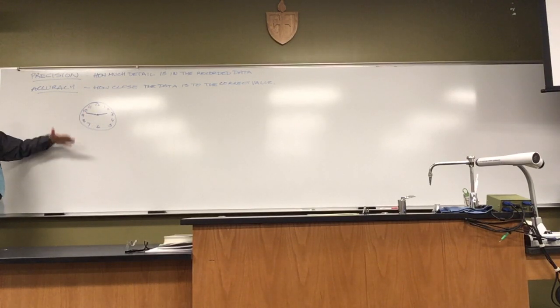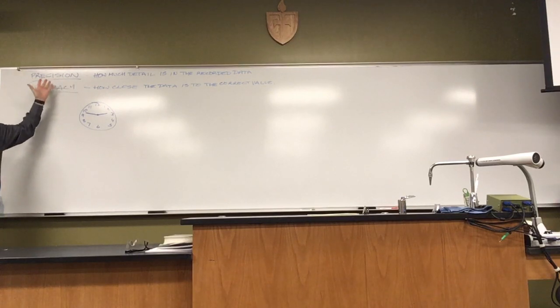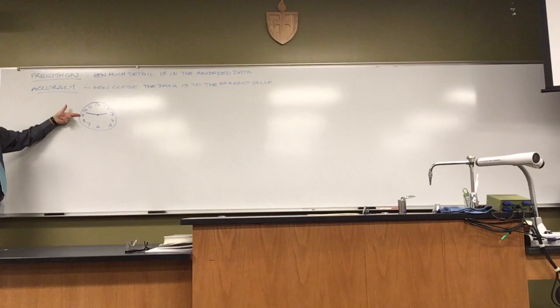That's a valid answer that is acceptably precise and acceptably accurate, but it's not. We could all do better, right? We could do better than that, because we know that that hand is not right at the 9.